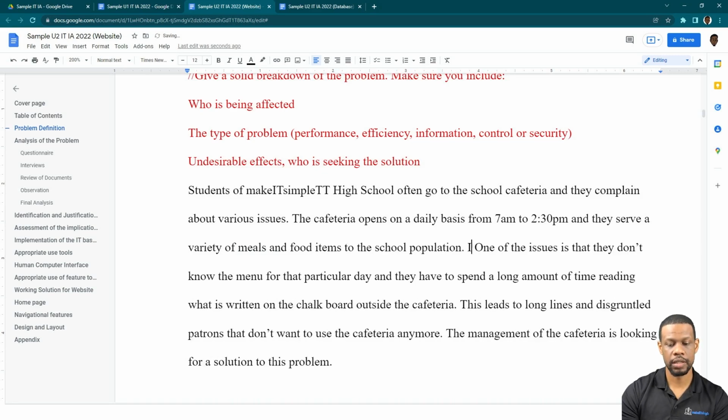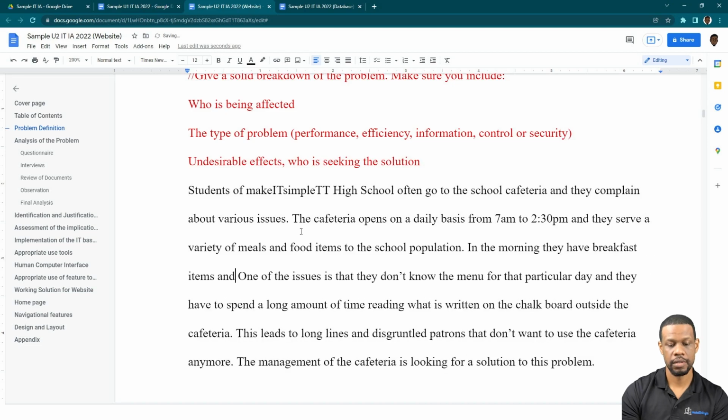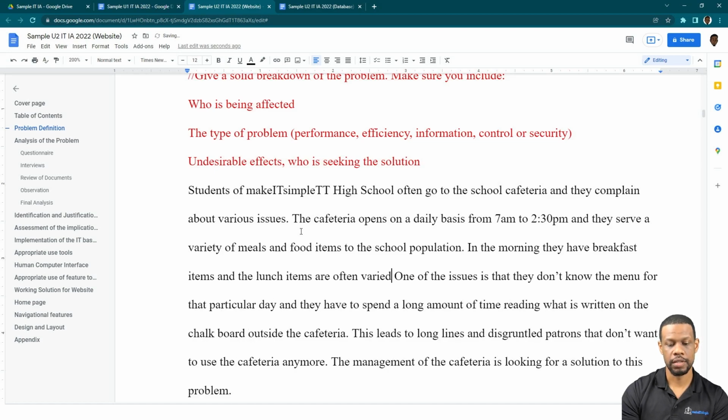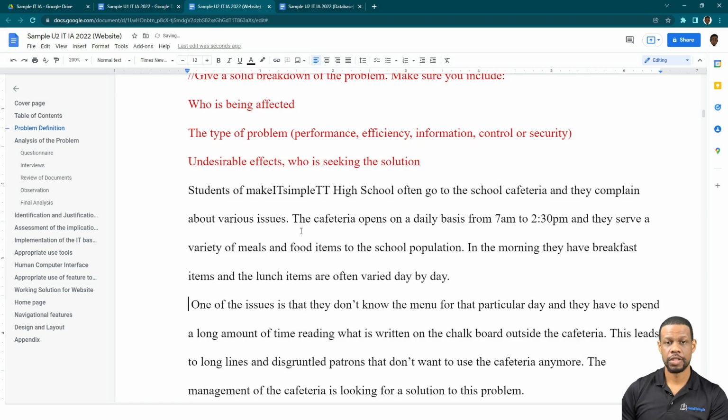In the morning, they have breakfast items and the lunch items are often varied day by day. Right, so I added some context. What other context could I add?